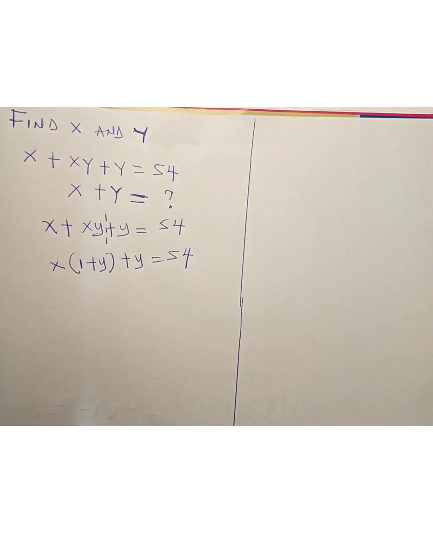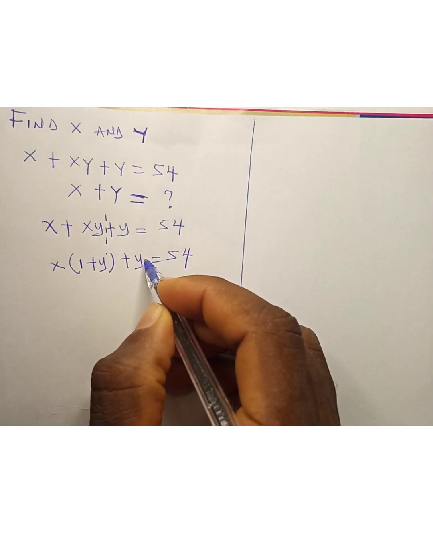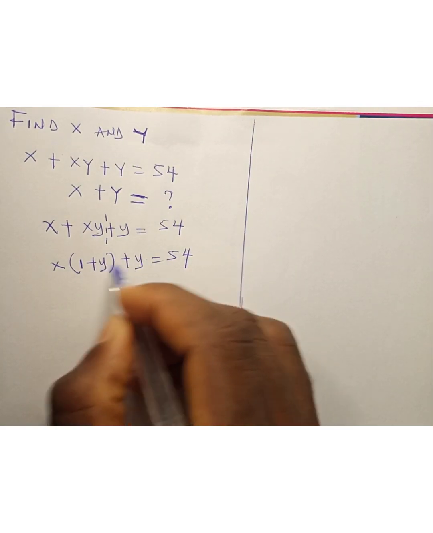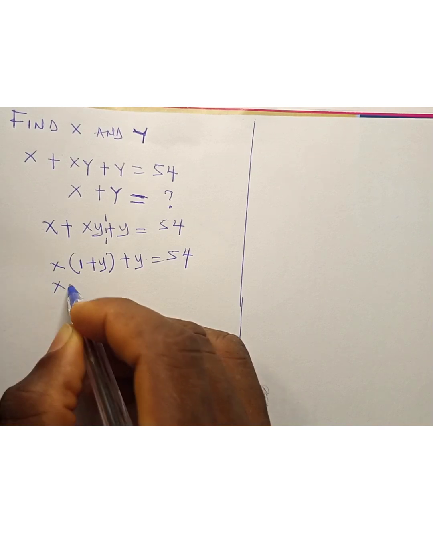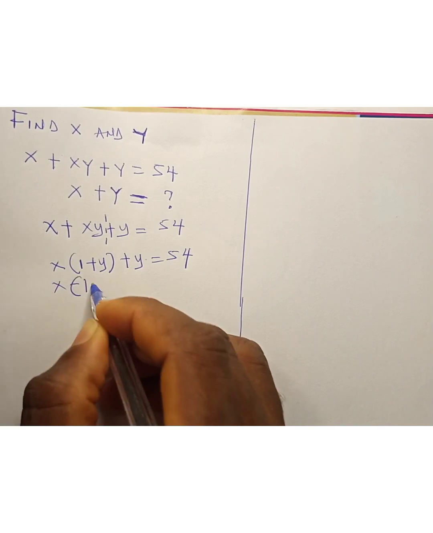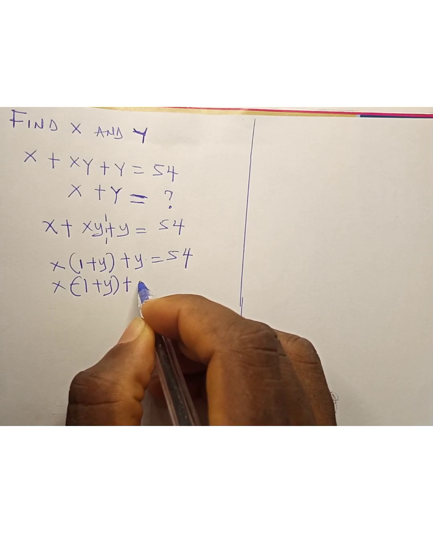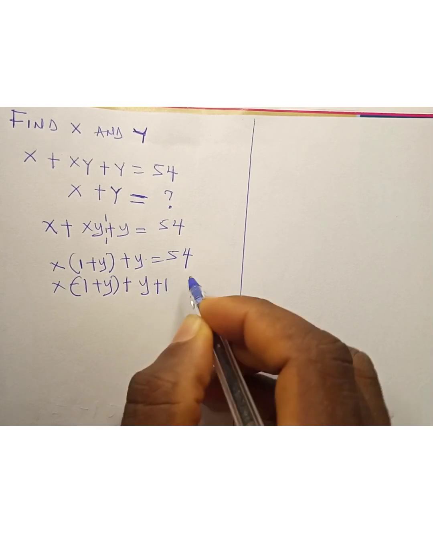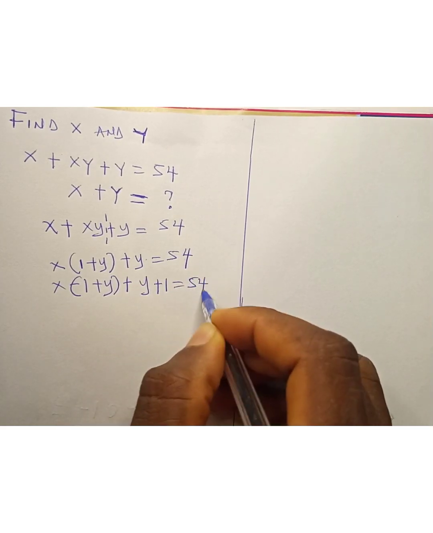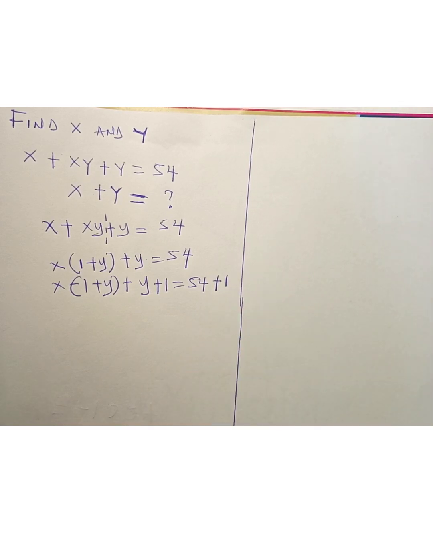So for us to do that, let us add 1 to both sides. Now for us to have the factor 1 plus y, we're going to have x(1 plus y) plus y plus 1 equals 54 plus 1. Nothing has changed.